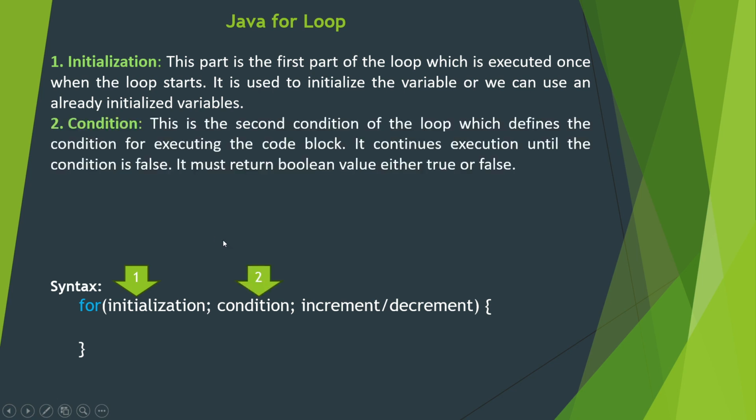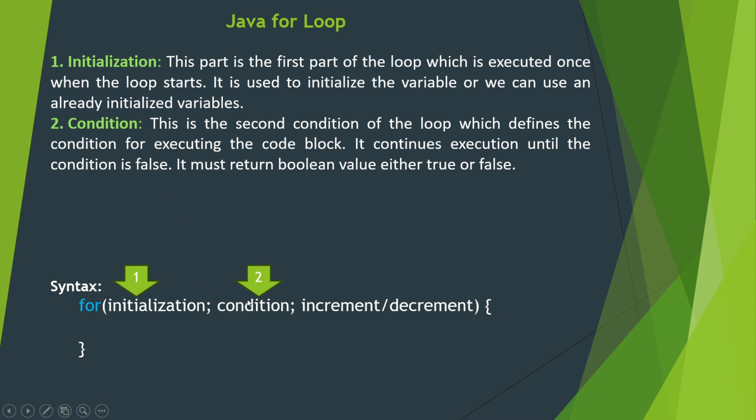Okay. The second part is the condition. This is the second part of the loop, which defines the condition for executing the block of code, meaning the body of the for loop. It continues the execution until the condition is false.